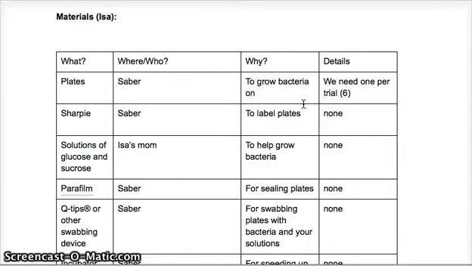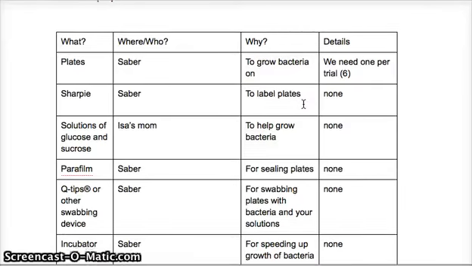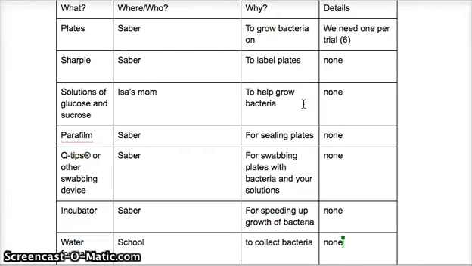Issa's in 7th grade in the stripe section in a group with me and Matt. She wrote the materials and procedures for our document. The materials section tells us what we need in the experiment, why we need those materials, and where we plan to get them.